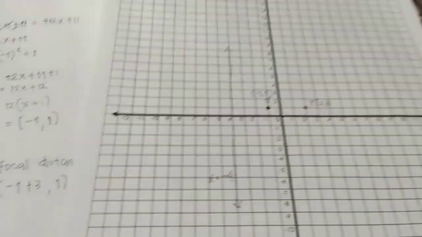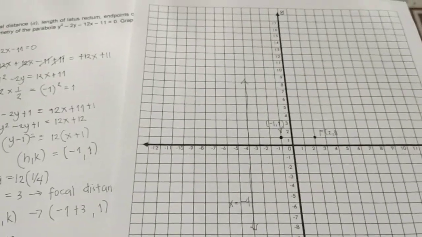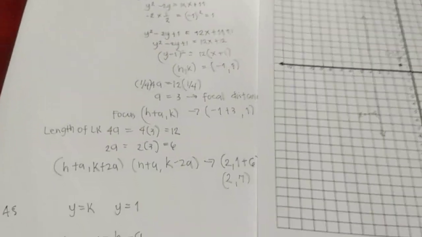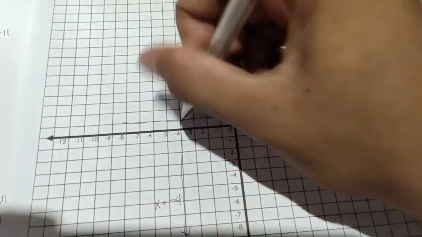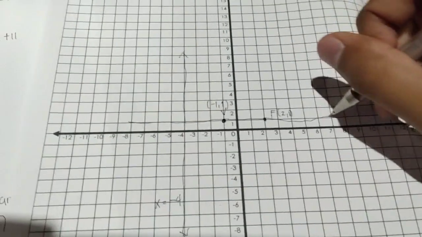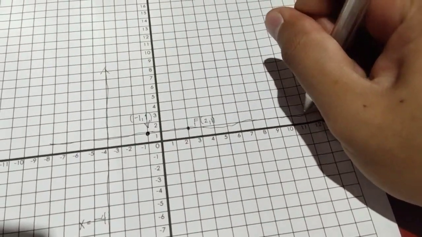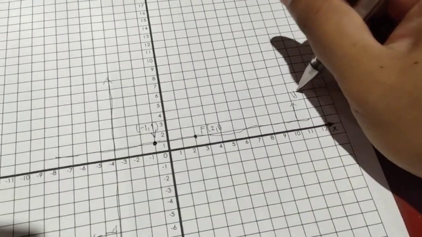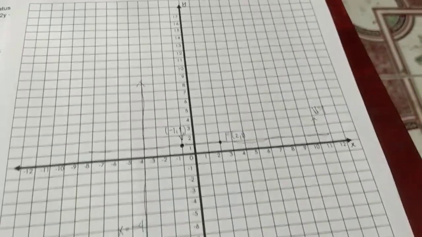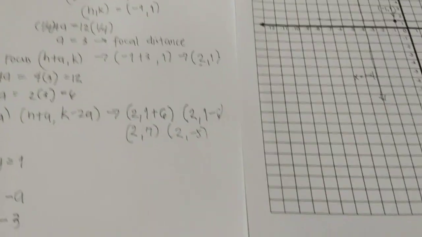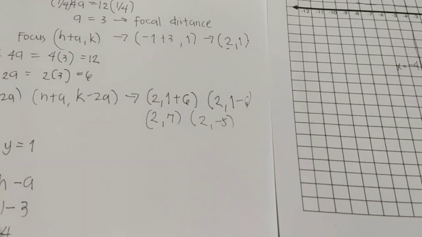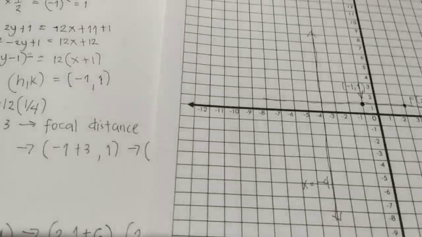And then we need to plot the axis of symmetry. Our axis of symmetry is y is equal to 1. And then we need to plot the endpoints of the latus rectum. So our latus rectum endpoints here are (2, 7) and (2, negative 5).